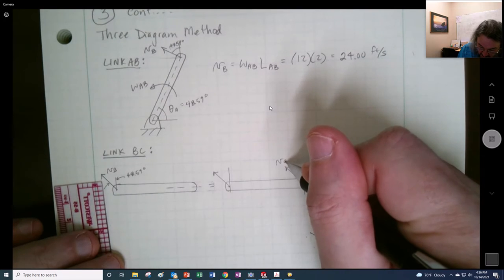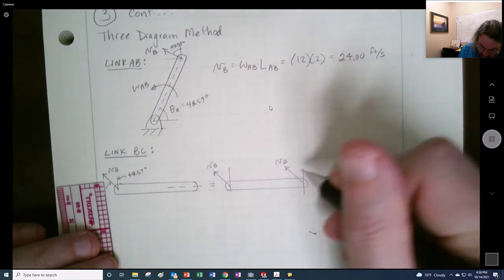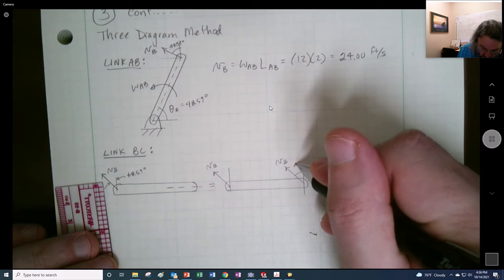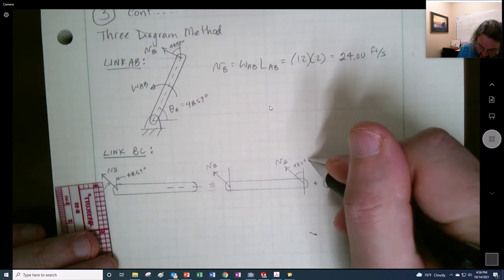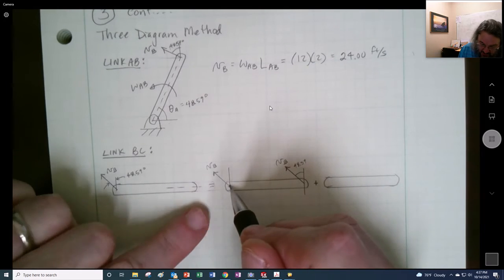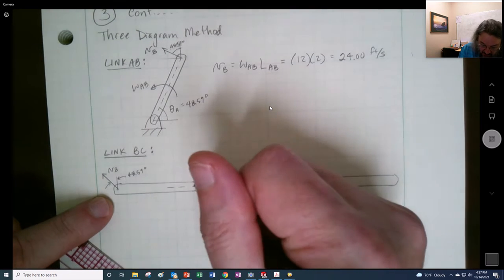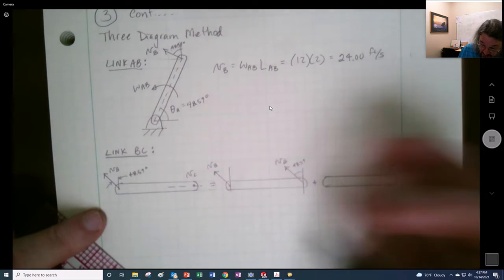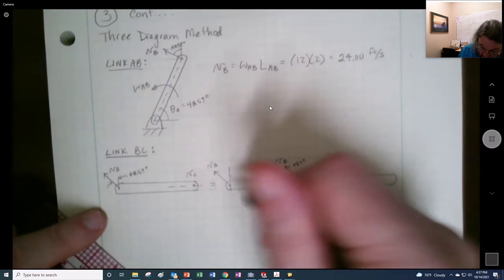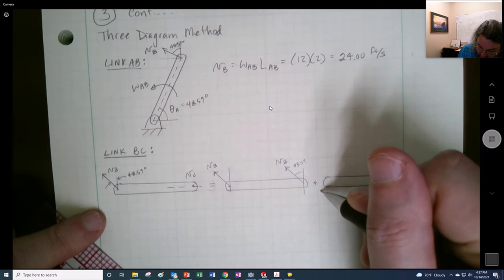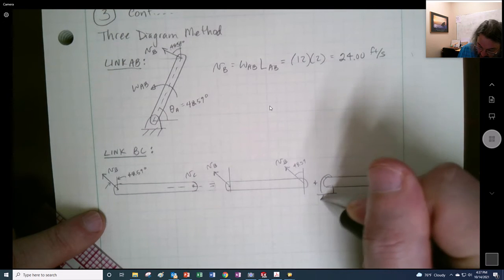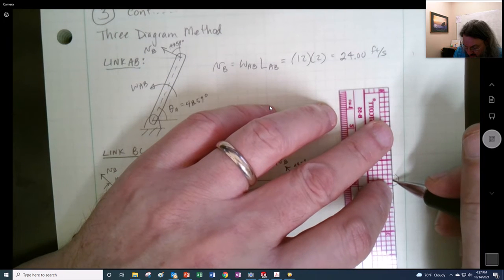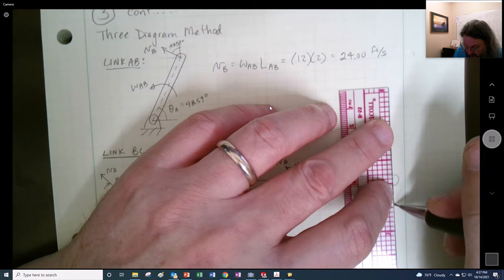So this is VB, and this is VB, but we only have to write this one out as 48.59 degrees. And then if we're using VB as the reference, and we're trying to find VC, it's either to the left or to the right, we're pretending like we don't know, then we're going to pivot this one right here. We're going to pin him, and we know that he is either going to go this way or that way.